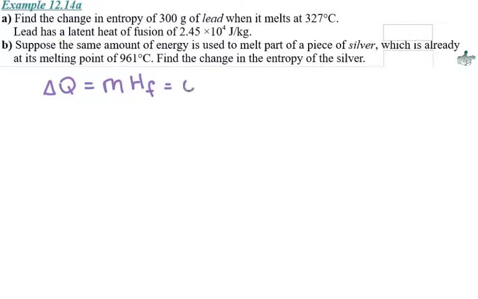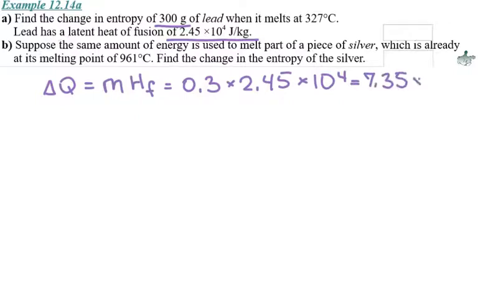They give you 300 grams, which is 0.3 kilogram, times its latent heat of fusion, 2.45 times 10 to the 4th. That gives me 7.35 times 10 to the 3rd joules. This is how much energy I need in order to melt the lead.